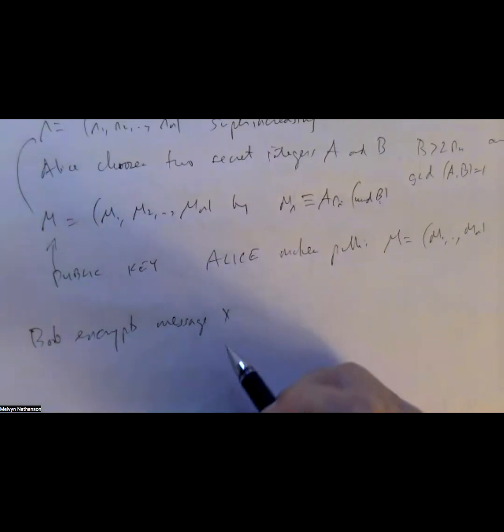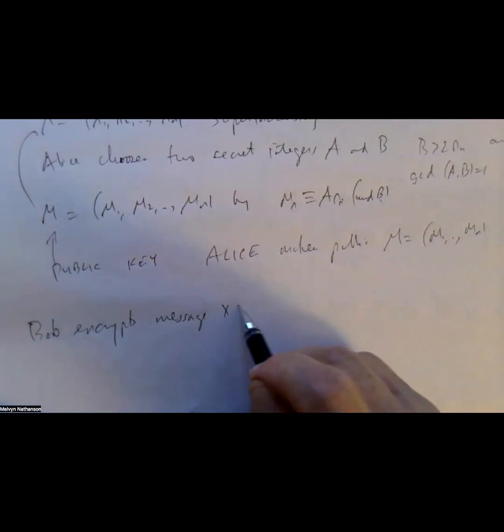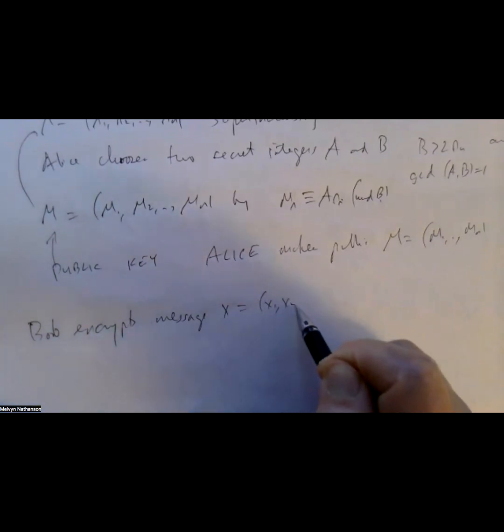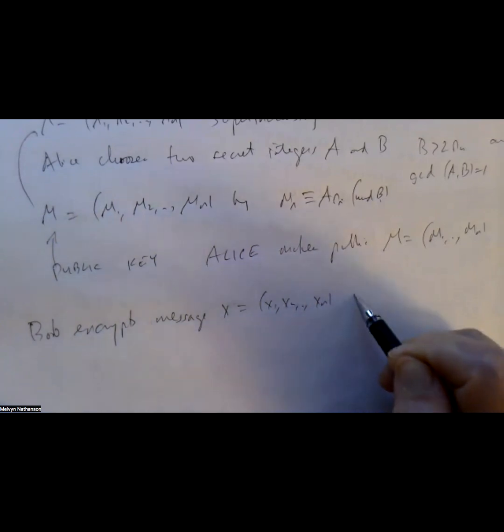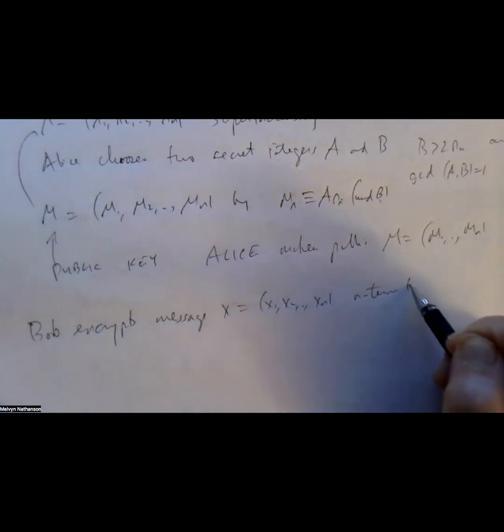What does Bob do? Bob encrypts a message X, so X is a binary vector. This is an n-term bit sequence.